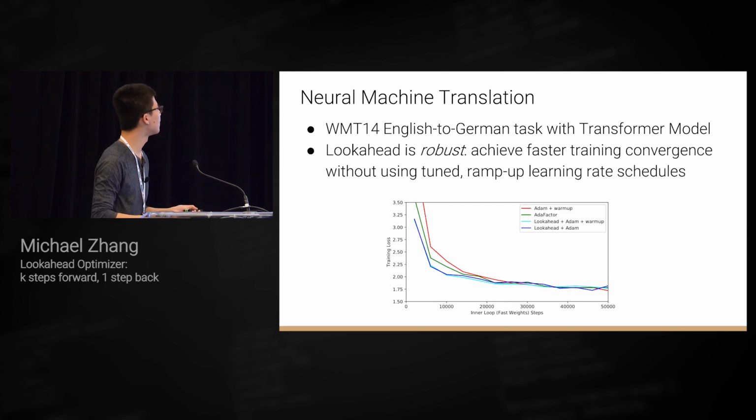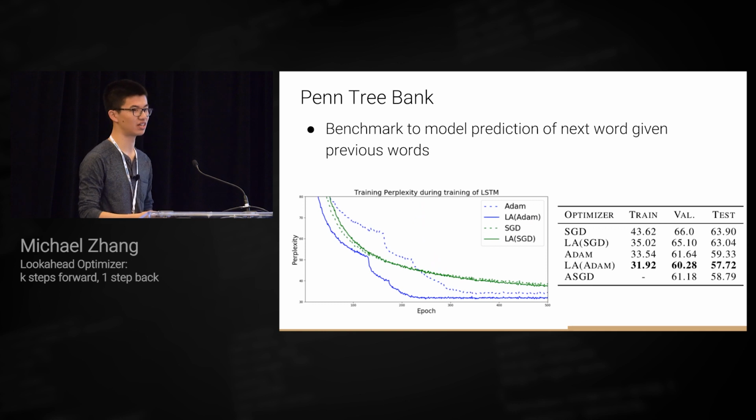And one final regime which we evaluate our model on is language modeling. In this task, your goal is to predict the next word in a sequence given the previous words. And here we also wrap Lookahead around the Adam optimizer. The way our models are evaluated in this setting is we want to minimize the uncertainty about the next word we predict.